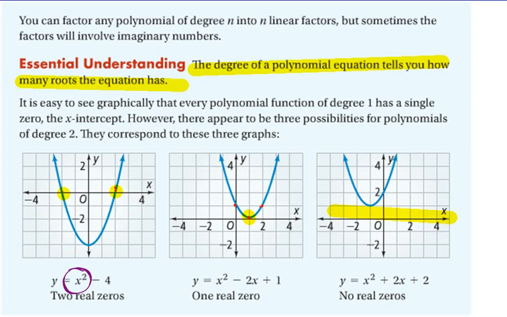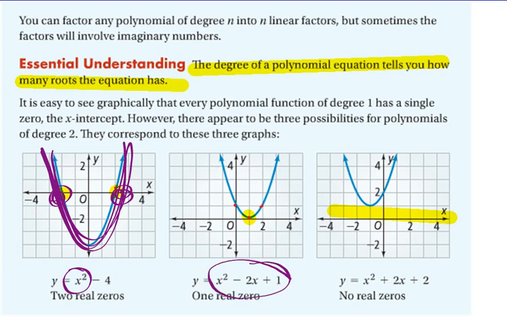Now when you look at this x squared minus 4, where is it going? Because it's a minus 4, it's dropping down and it's hitting the x-axis at 2 points. That gives it 2 real zeros. Now this x squared minus 2x plus 1, when you graph it, it's only tapping that x-axis at 1 point. So there's 1 real zero.